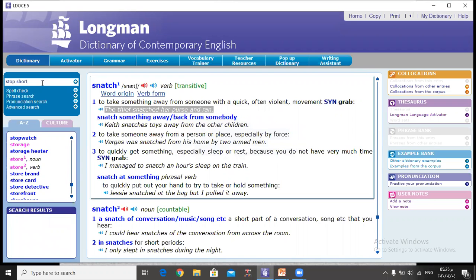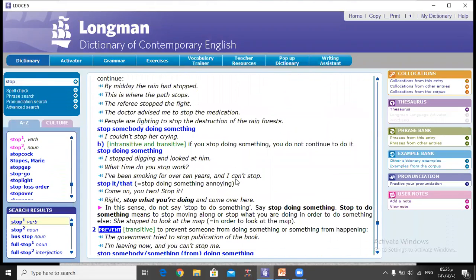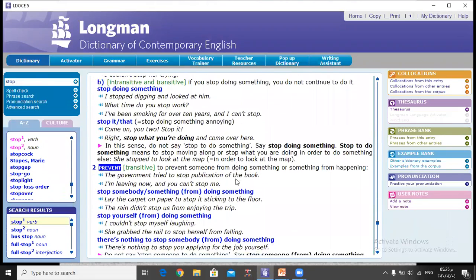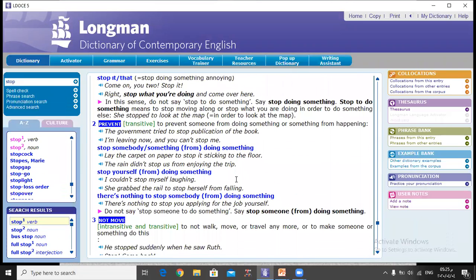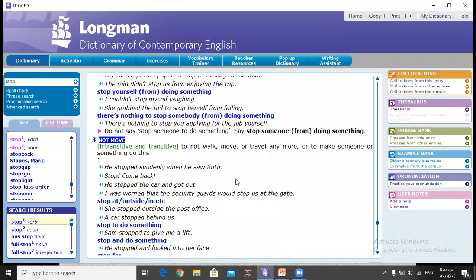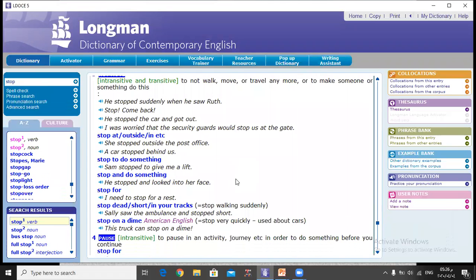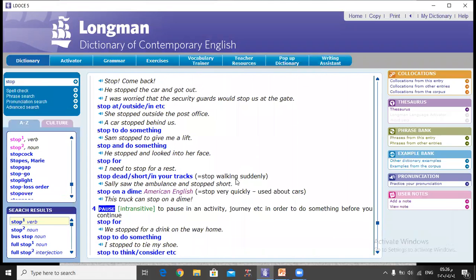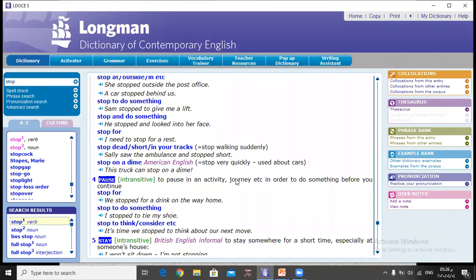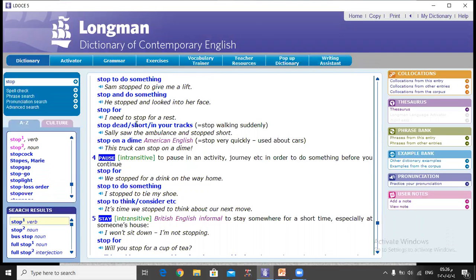So if we write down only the word stop and just go down, as we used to see in the Longman Dictionary, one of the best dictionaries we ever used, it helps us get better expressions and so on. For example, here, stop dead or short in your tracks, to stop walking suddenly. This is one meaning.